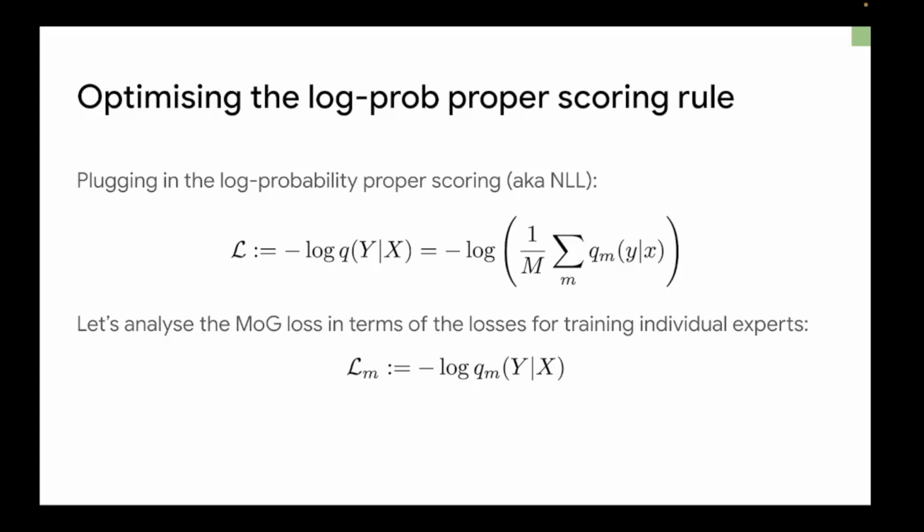And this can be expressed in terms of the loss value if you had just that expert to train. Okay, so compared to that, how is the supervision different by using this log likelihood? So that's the question.